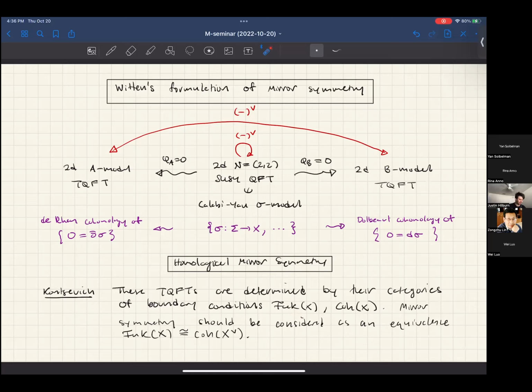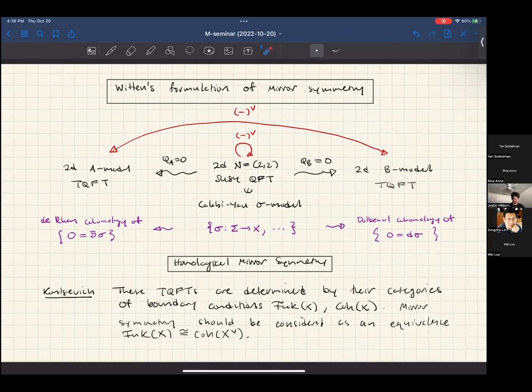If you want to understand mirror symmetry, which is some autoequivalence of the space of supersymmetric quantum field theories that exchanges the A model of one theory with the B model of its mirror, you should just think of it as an equivalence between the Fukaya category of X and coherent sheaves on the mirror space. And then everything else is in there.